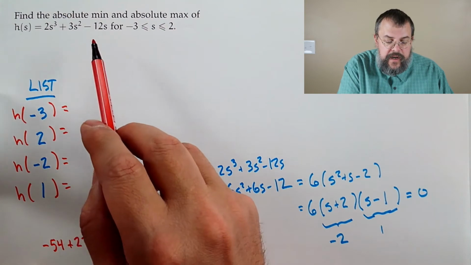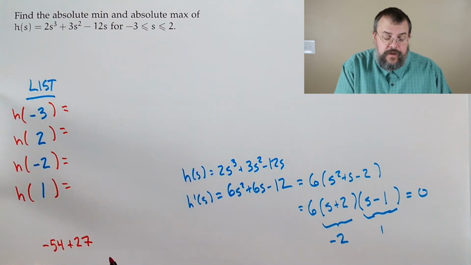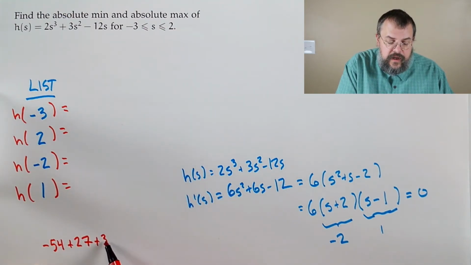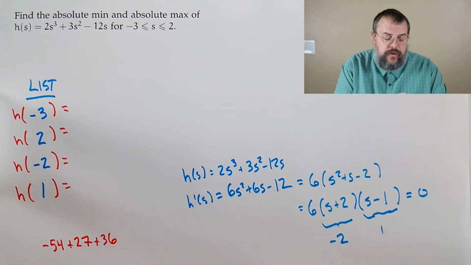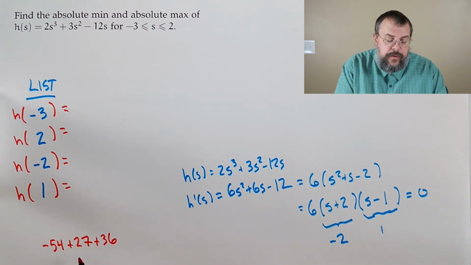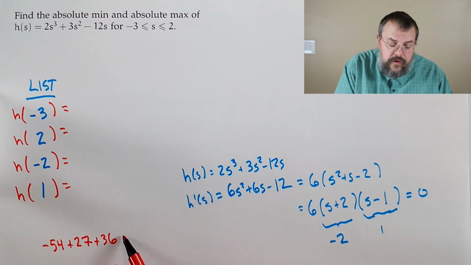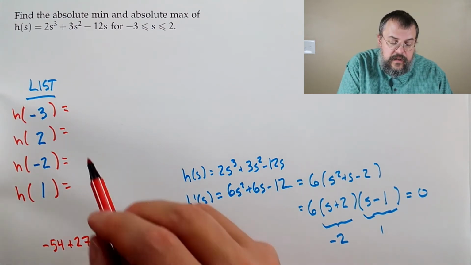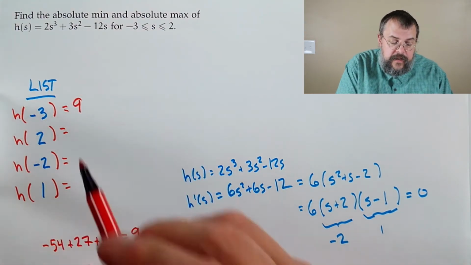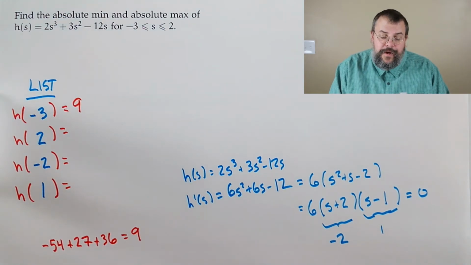And then we're going to get minus 12 times minus 3, which is plus 36. So if we add these all together, 27 and 36 together would add up to 63. Then if you subtract 54, you get 9. So 9. All right.